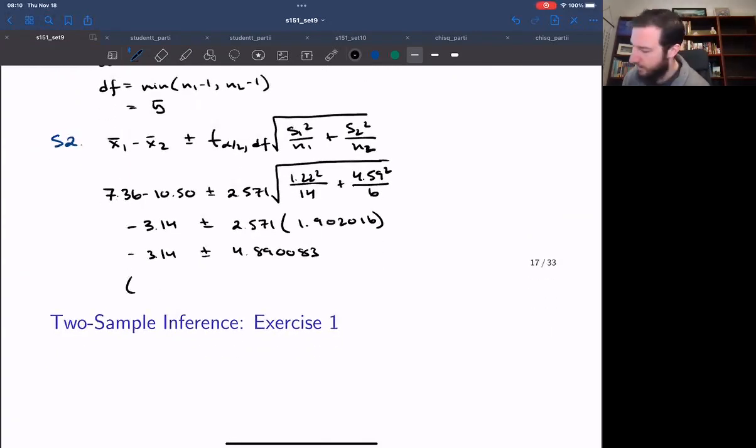Okay, and then we add and subtract, and this is going to give us negative 8.030 to 1.750.